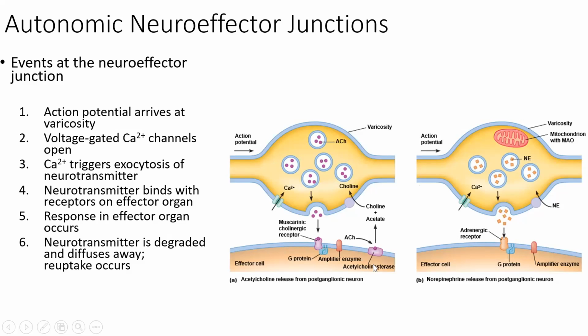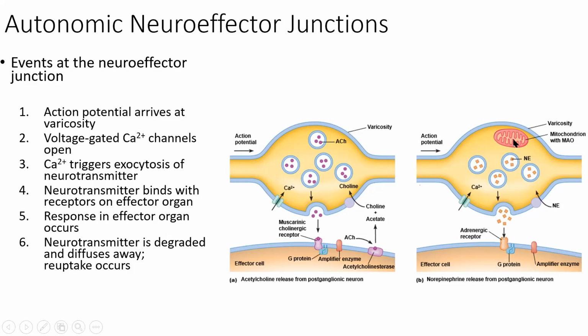Okay, we've also got acetylcholinesterase only at a cholinergic junction, which breaks down this excess acetylcholine to choline and acetate, and that can provide some further options for clearing this away from the junction, which is so important for ceasing the transmission of this signal.